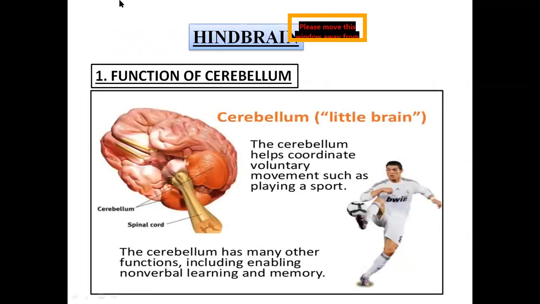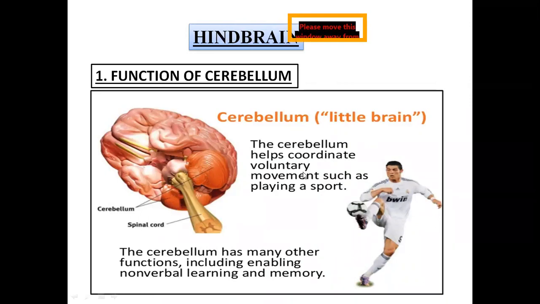Next is the hindbrain. The hindbrain consists of many parts which I showed you in the previous picture: the cerebellum, pons varolii, and medulla oblongata. We will begin with the cerebellum. It is known as the little brain, as the diagram also shows. This rounded portion is the cerebellum.